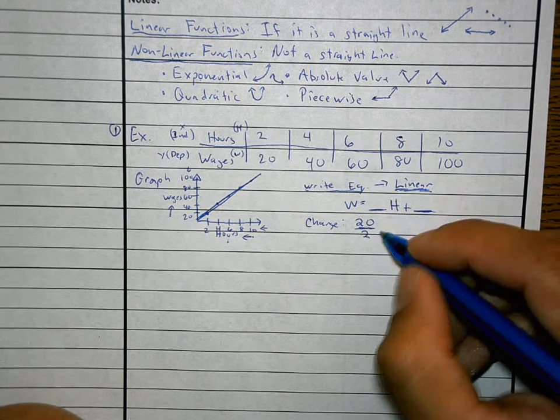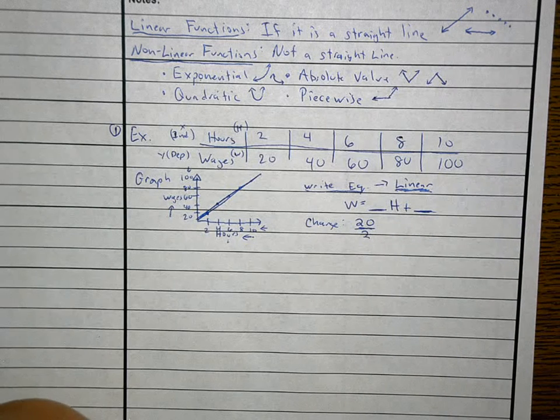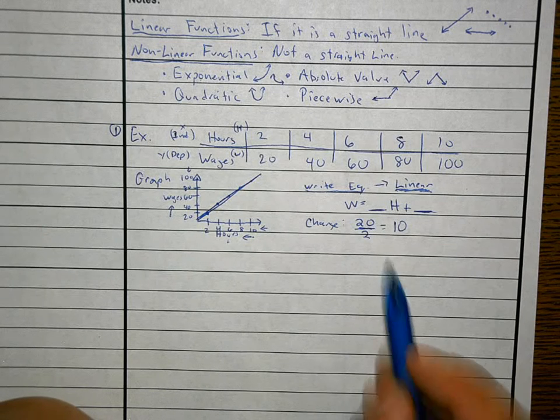It's changing $20 every 2 hours. So when we are thinking about change, I always want this per 1 unit. I need it in single units. It's not $20 it's changing by. It's 20 every 2 hours. So how much is that per hour, basically? $10 per hour.